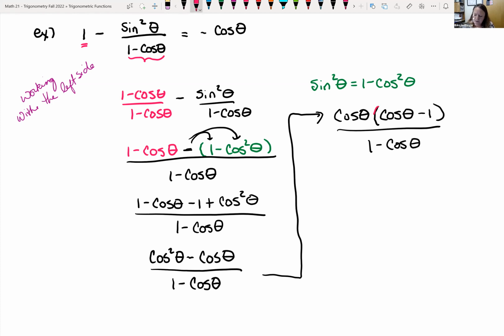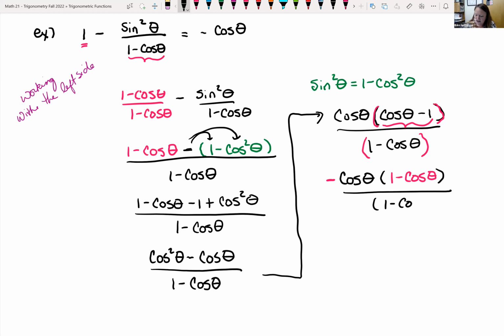So notice what's inside that parentheses, cosine theta minus 1. It's almost identical to 1 minus cosine theta. We're off by a negative 1. So if we factored out a negative 1 in the numerator, so negative cosine theta, pulling out a negative 1 here, that would give us 1 minus cosine theta, or negative cosine theta plus 1, and we could just rewrite the order, all over this 1 minus cosine theta.